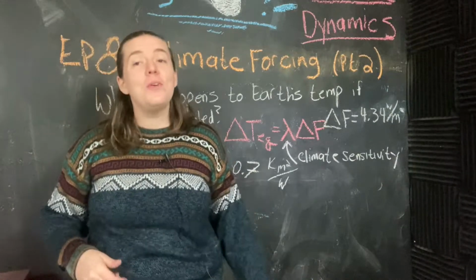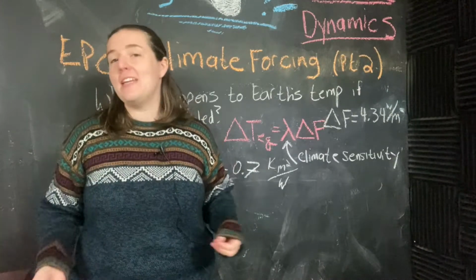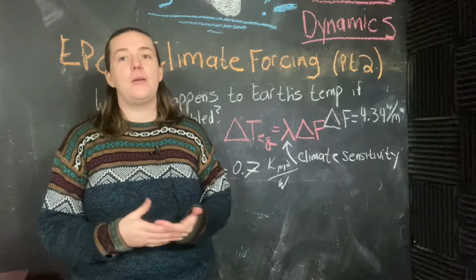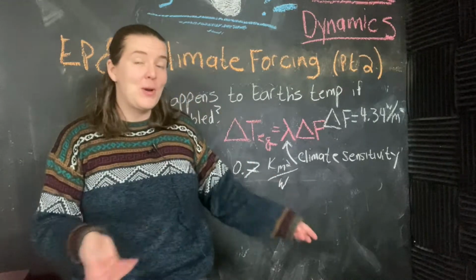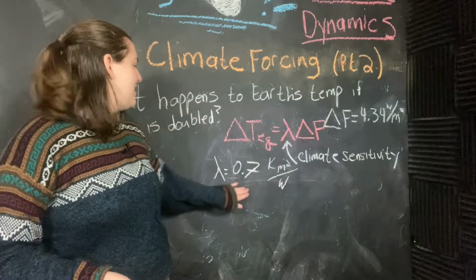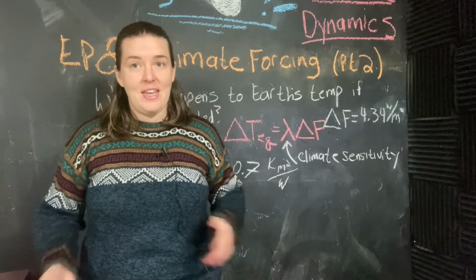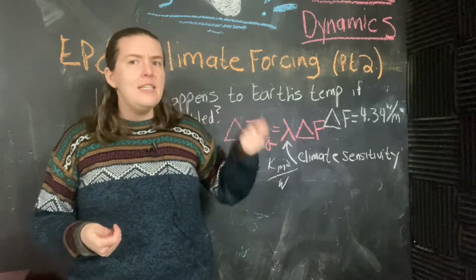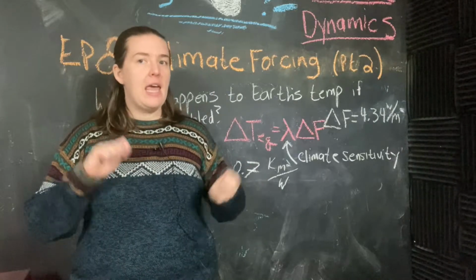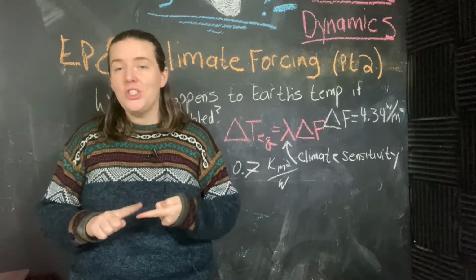So I really want to emphasize that I'm not just pulling this out of thin air. I'm not grabbing a number to make my answer come out to what I want it to be. This is what we understand Earth's current climate sensitivity to be. And I did say earlier that Earth's climate sensitivity can change. Totally true.